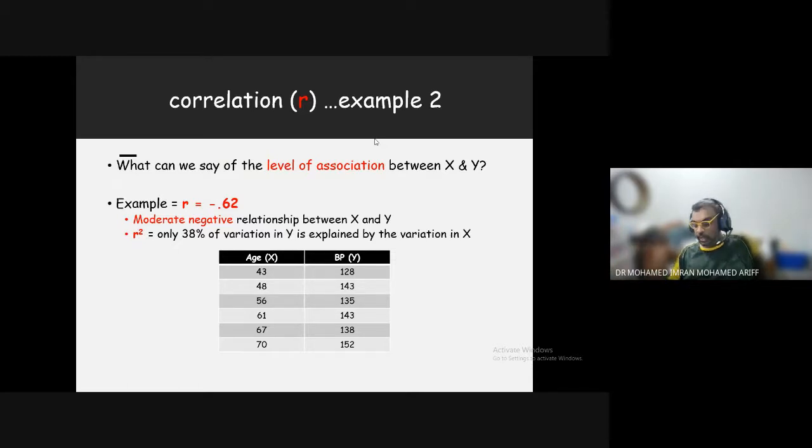So, maksud dia diet, okay, kita pakai exercise lah. Exercise and losing weight. So, kita ada exercise, kita ada food, and kita ada puasa. So, this is my independent variable, and my dependent variable ialah losing weight. So we will get an R for exercise, we will get an R for food, and we'll get R for puasa.